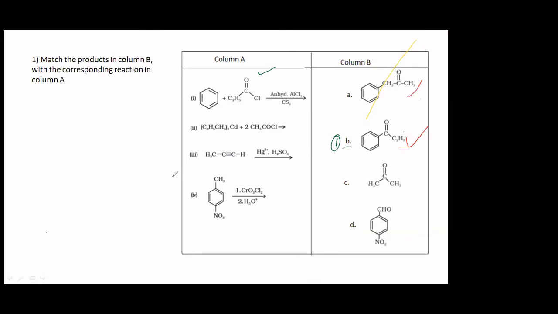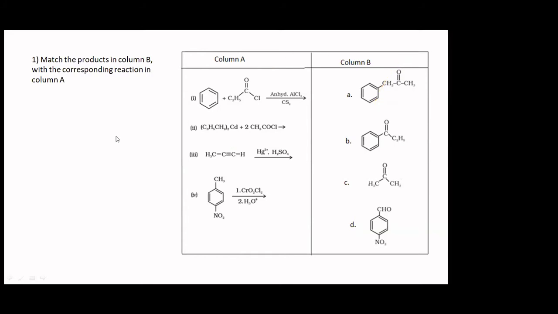Because in this case, the electrophile generated will be CH2, this one. Then this one, CH3, C triple bond, addition of water to that. Basically, yes, that is 3. Fourth one, of course, is this one. That's correct. All of you got the answers? Yes, ma'am.